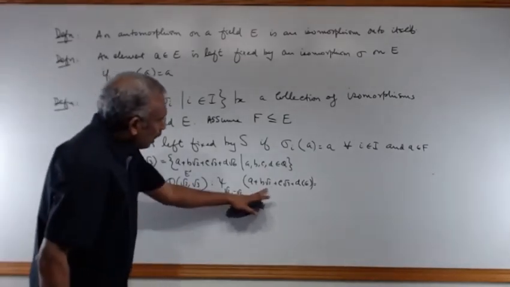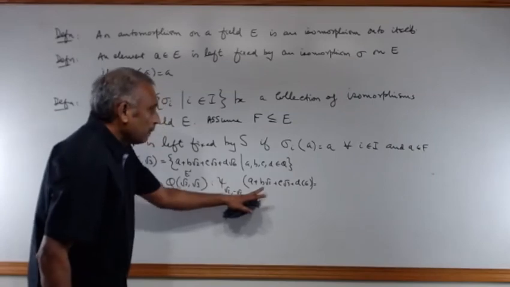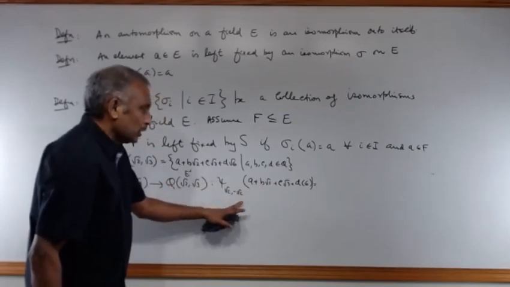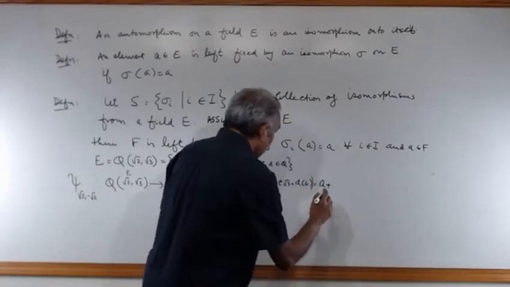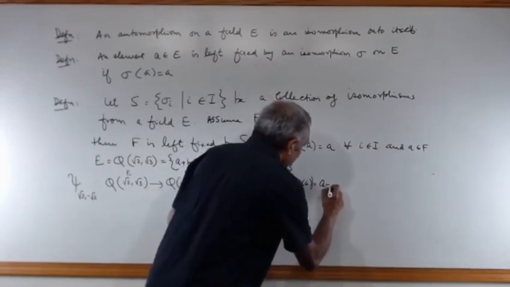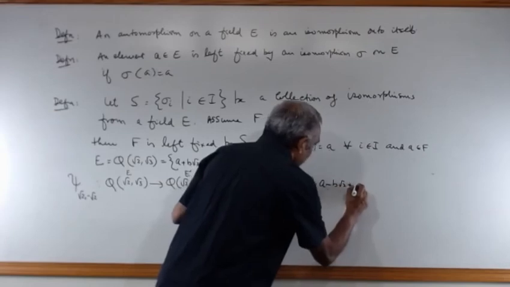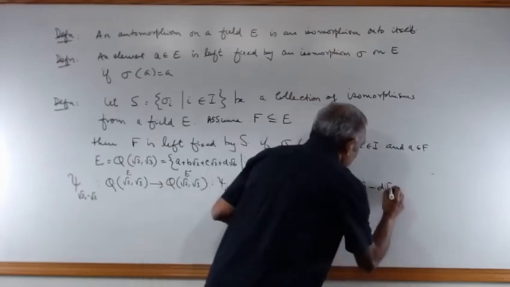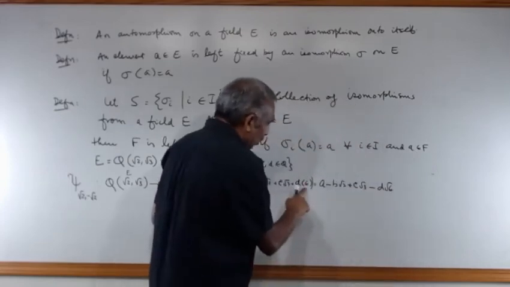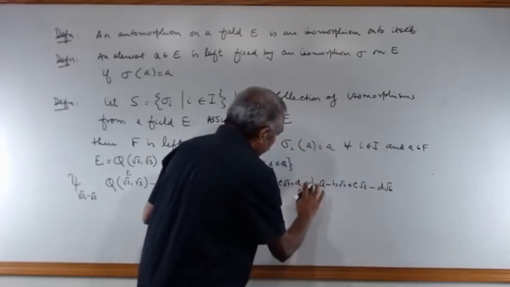Wherever root 2 comes, replace that root 2 by minus root 2, its conjugate. So that will be a minus b root 2 plus c root 3 minus d root 6, because there is a root 6 here.